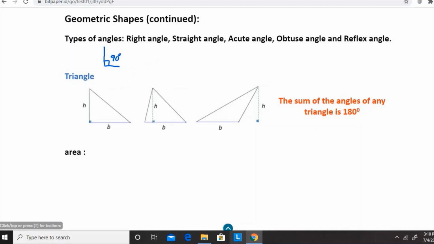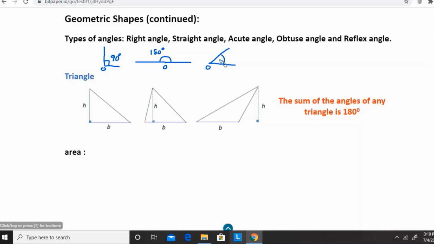A straight angle is like a straight line. Let's say that there's point O, and then you measure the angle like that, and that will give you 180 degrees, and that's a straight angle. An acute angle is an angle that is less than 90 degrees. So something like this.